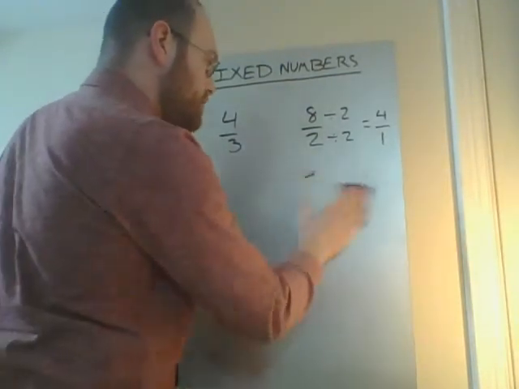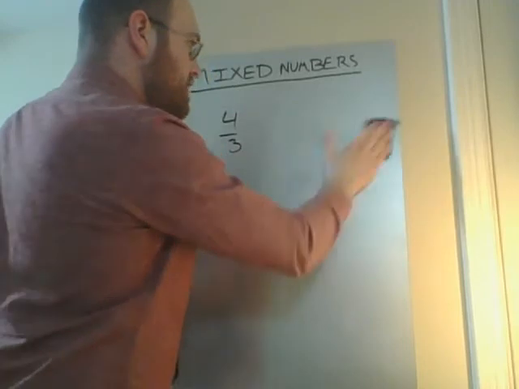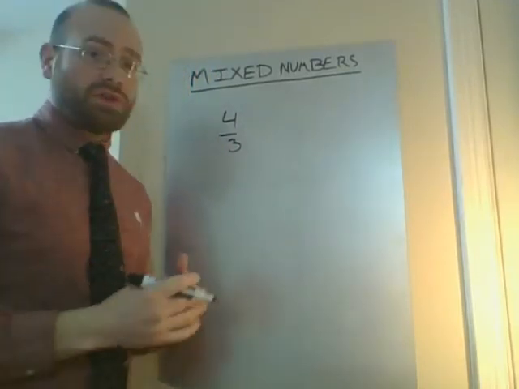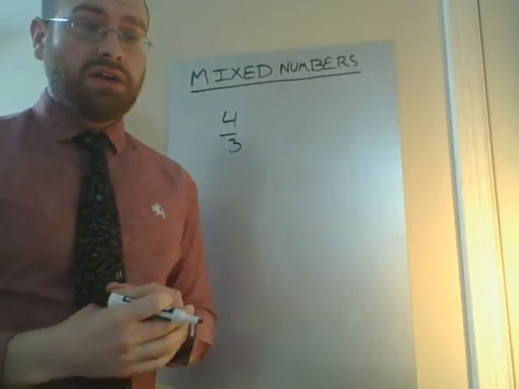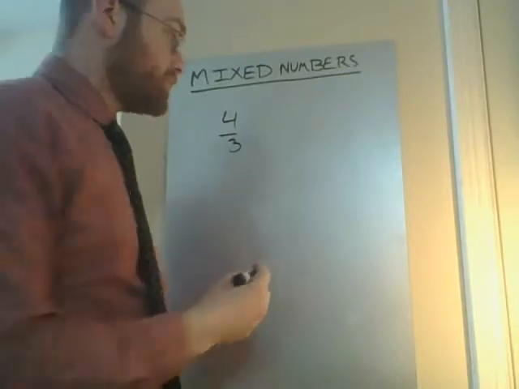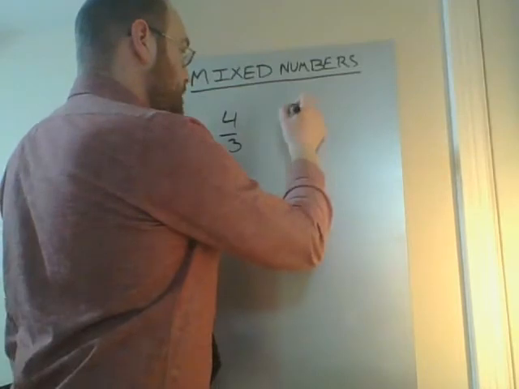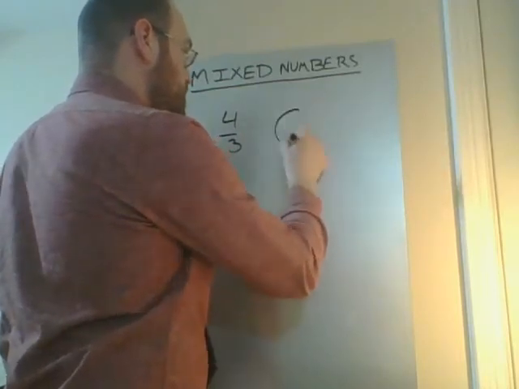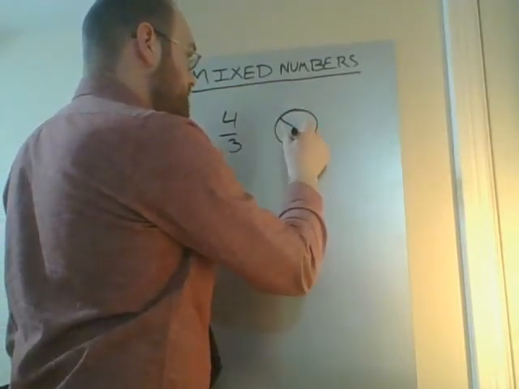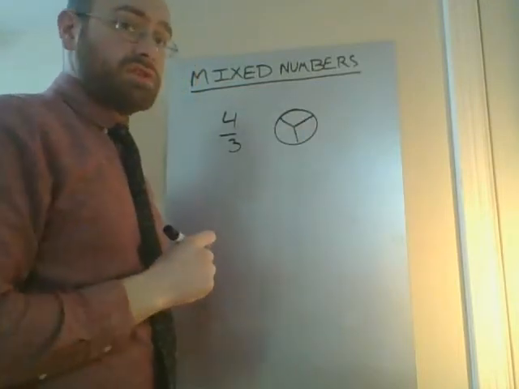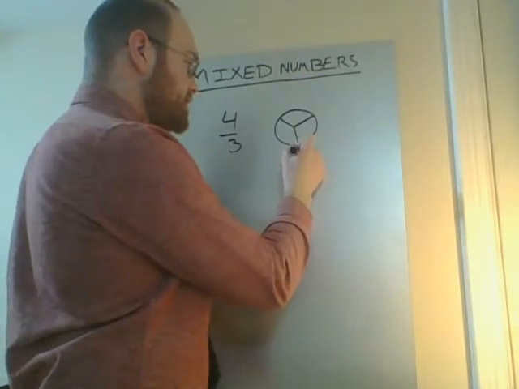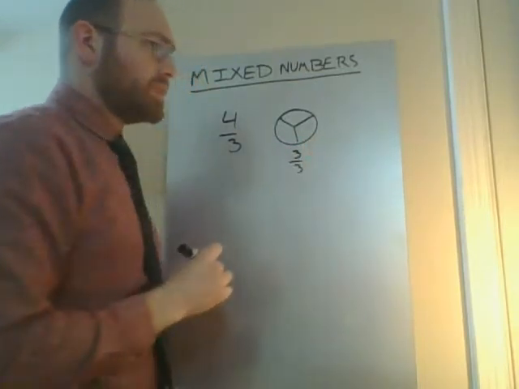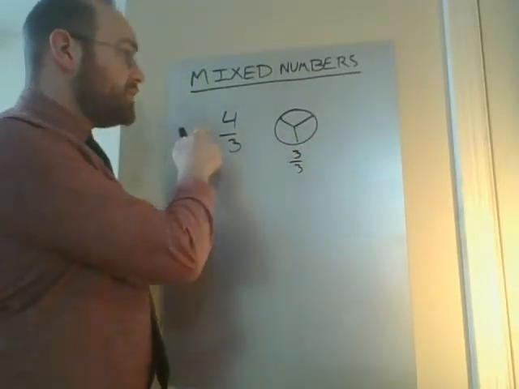So let's come back to this first example of 4/3. And to help us conceptualize what's going on, it's nice to draw a picture. So let's say I have a circle and I divide it into thirds. So this whole circle, well, this is 3/3. But notice that I want 4/3.